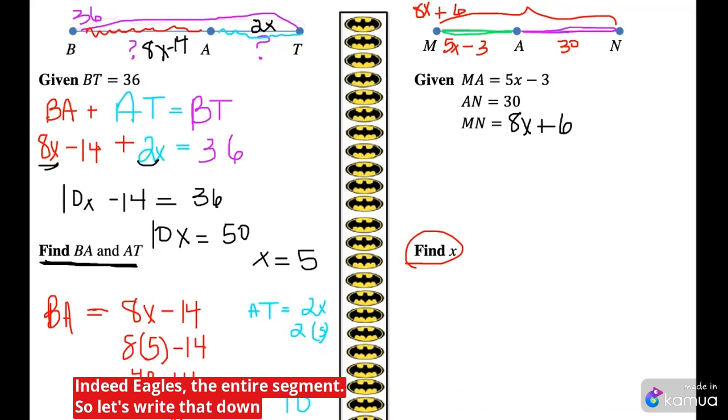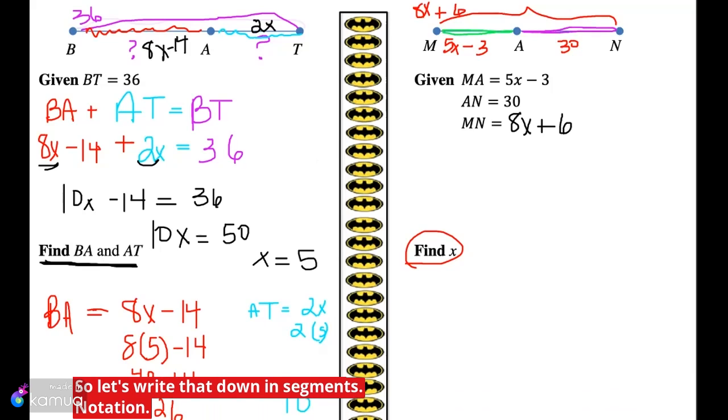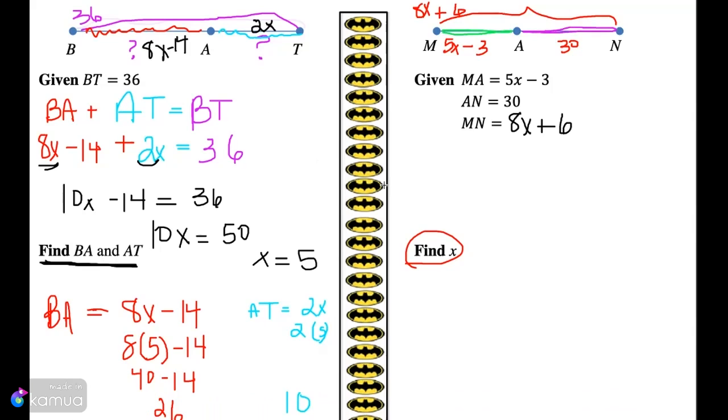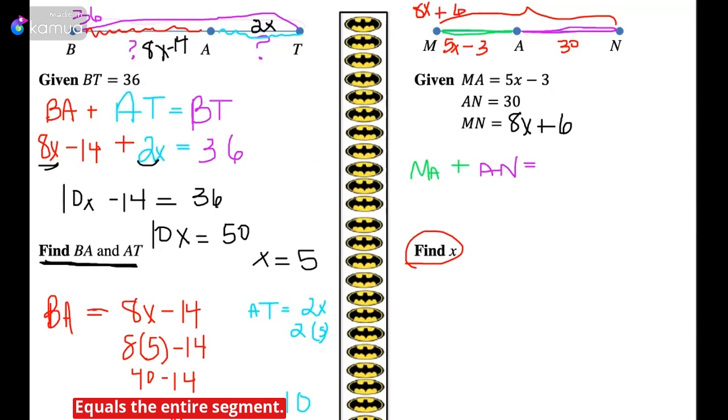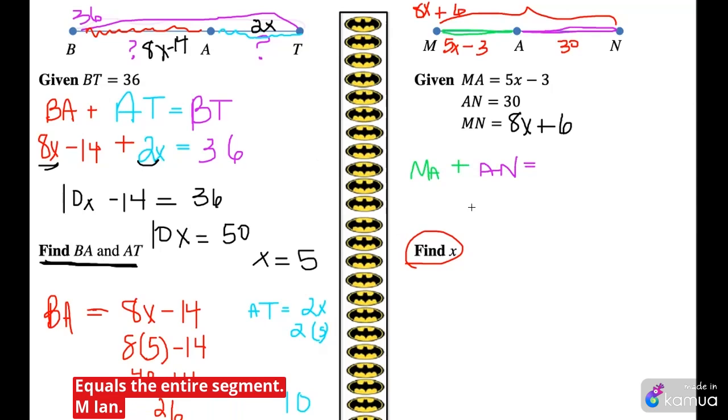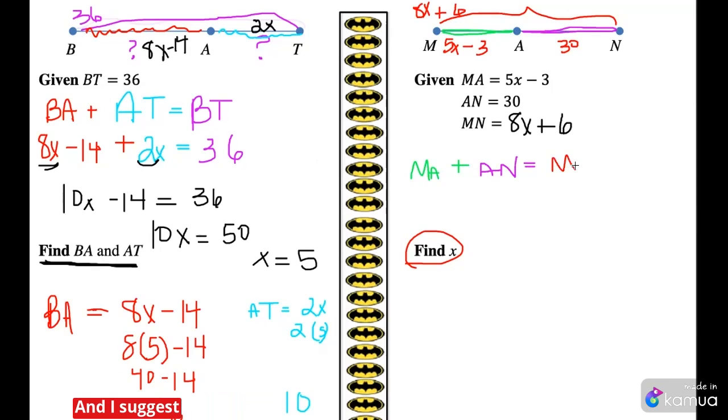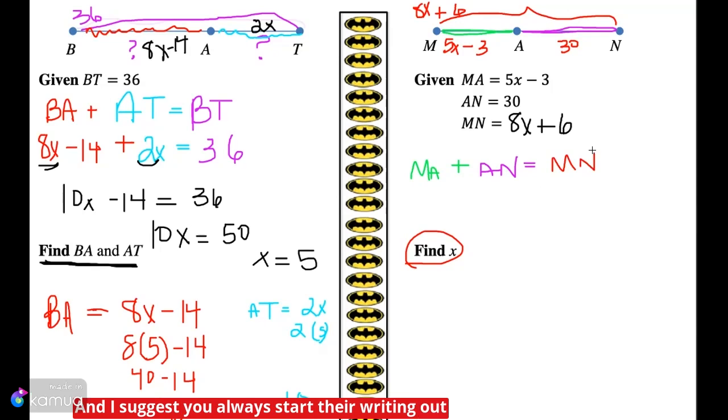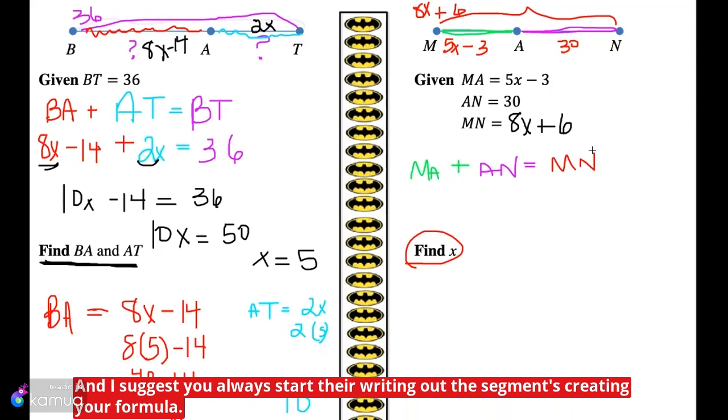So let's write that down in segment notation. That means MA plus AN equals the entire segment MN. And I suggest you always start there, writing out the segments, creating your formula.